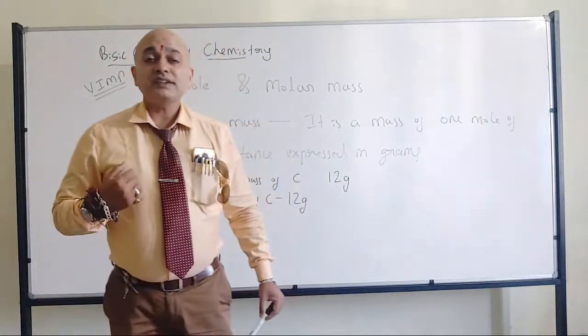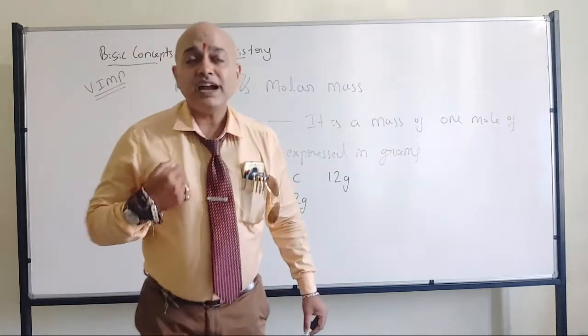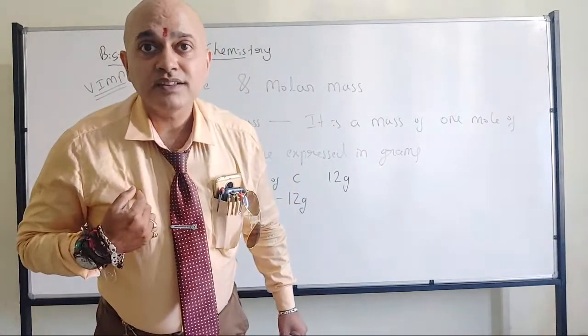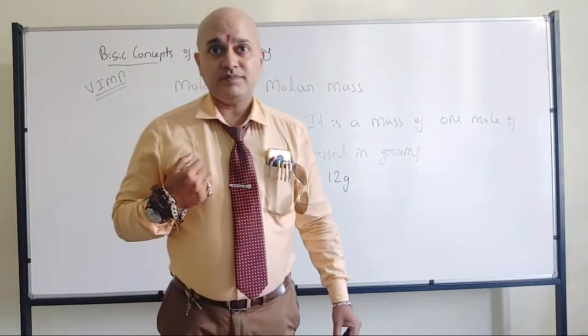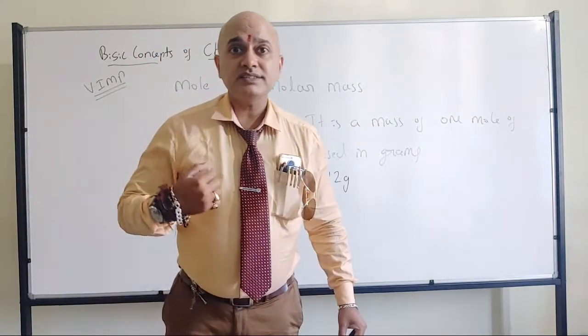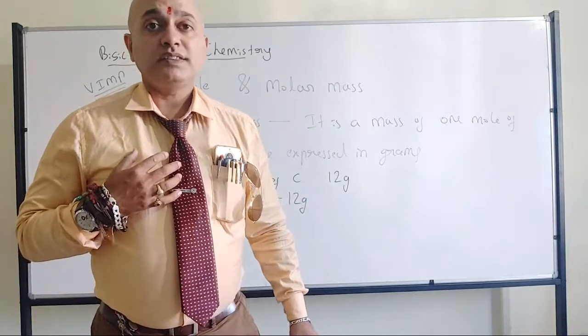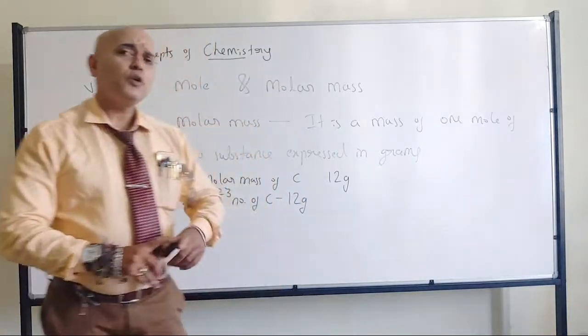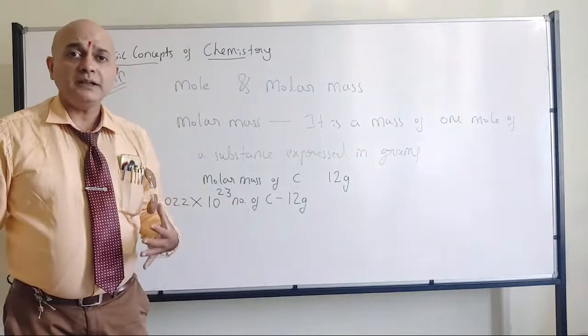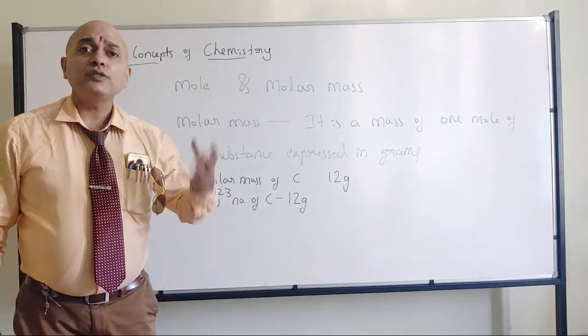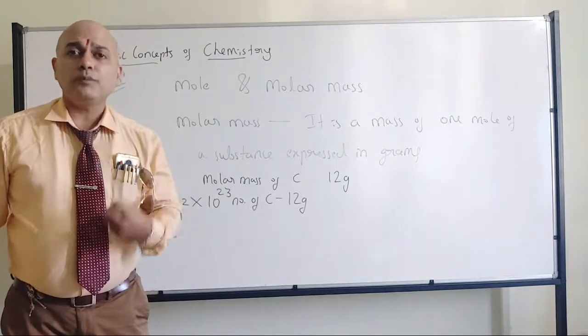Say for example, Raghavendra sir's mass is now 65 kg. Thank God. That is because I have so many atoms in my body, and all these atoms are of very, very low mass.